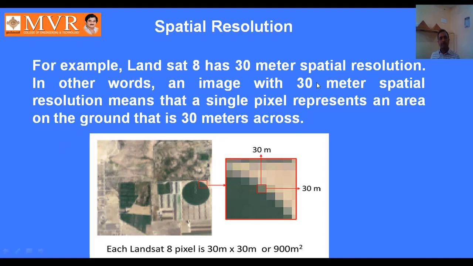For example, Landsat 8 has 30 meter spatial resolution. In other words, an image with 30 meter spatial resolution means a single pixel represents 30 meter across on the ground.